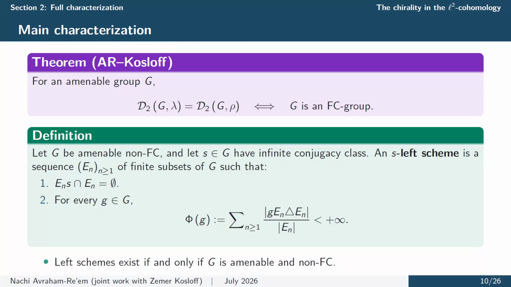Right, but the first condition won't be satisfied. Because if the group is abelian, then if you translate En by S from the right or from the left, it is just the same. Yes. And do note that maybe it's written in a kind of confusing way, because in the second property I want it to hold for every G in G, and the first property just holds for this unique element S.